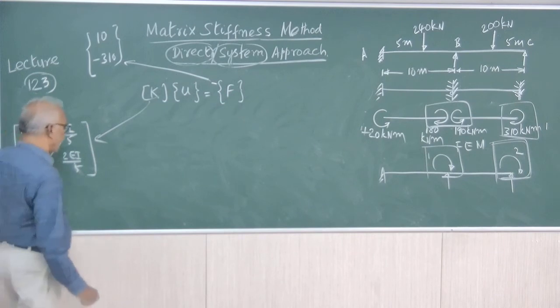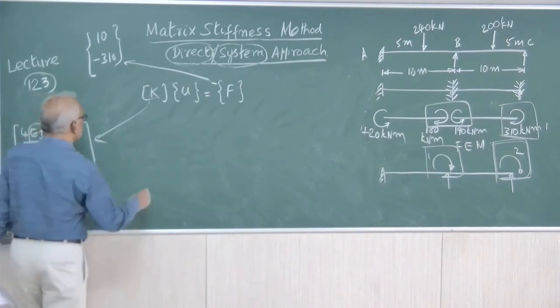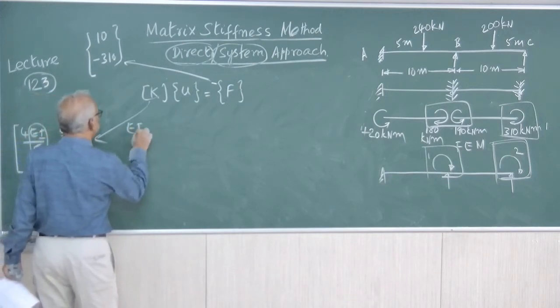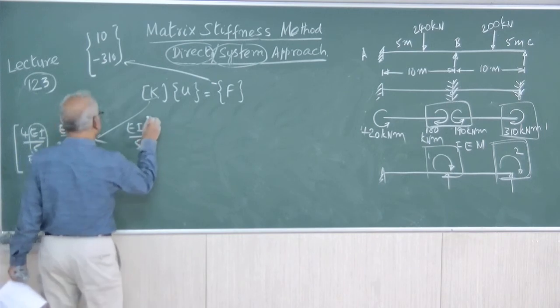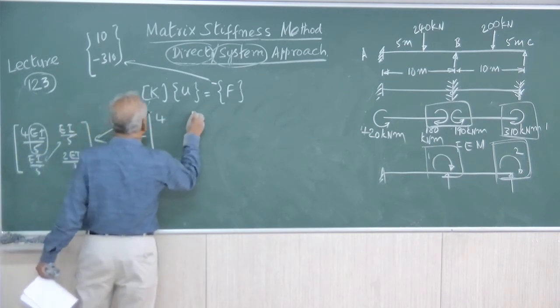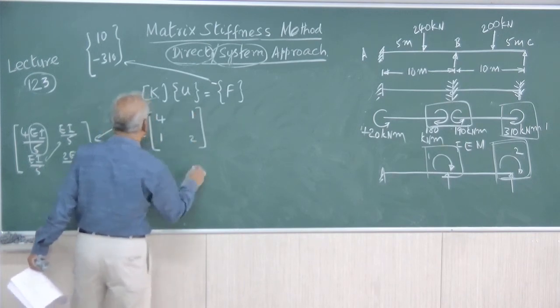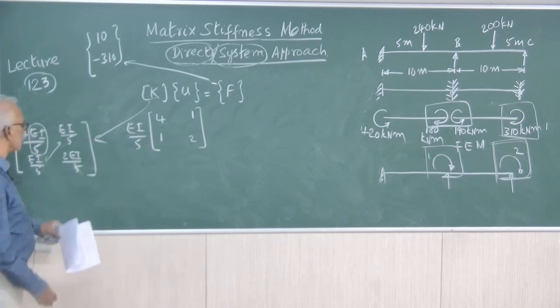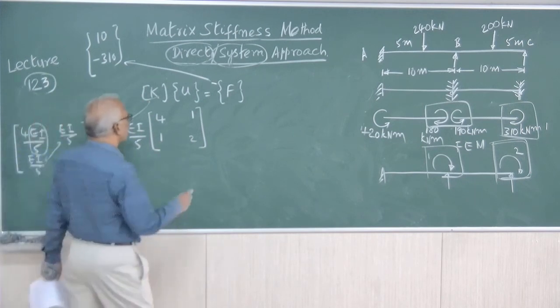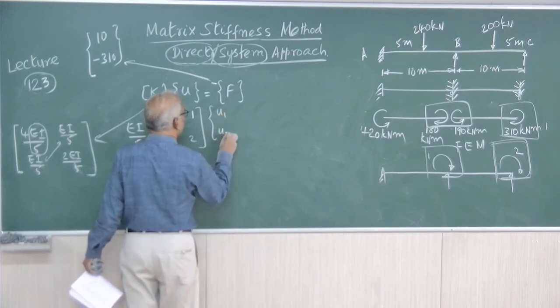Right. Now K equals, what we can do is, in all cases EI by 5 is common. So we will take EI by 5 outside, and this is 4, here it is 1, here it is 1 and here it is 2. After taking EI by 5 outside, these are the values. Right. Now U1 and U2.